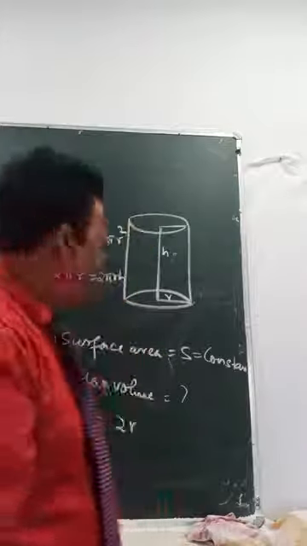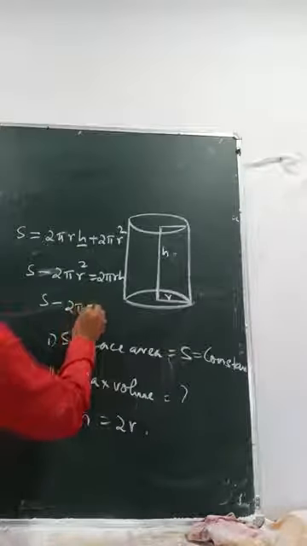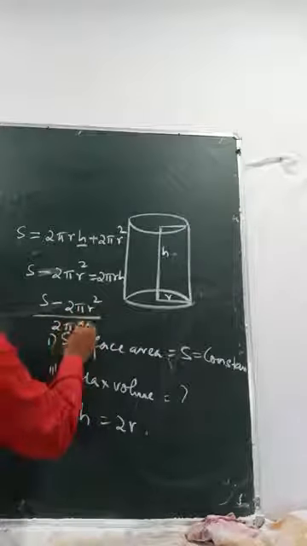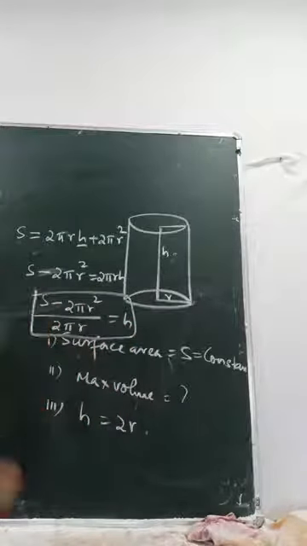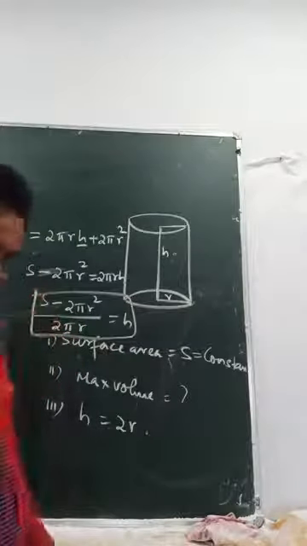Then h equals S minus 2 pi r square by 2 pi r. Let's keep this in the box. Now I made h a function of r because S is constant.